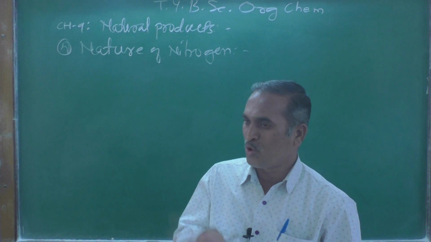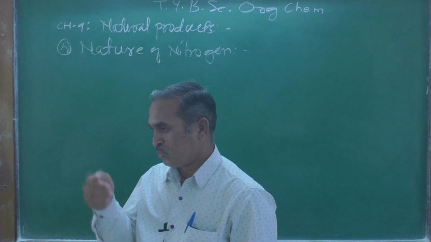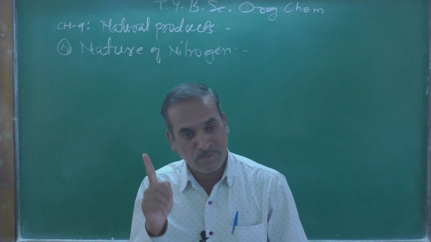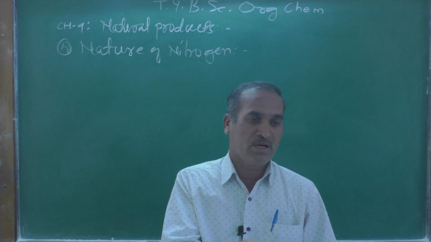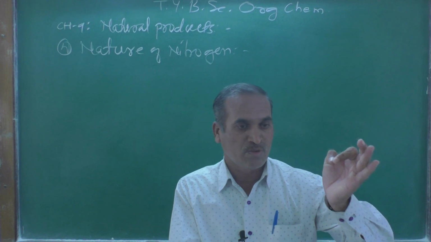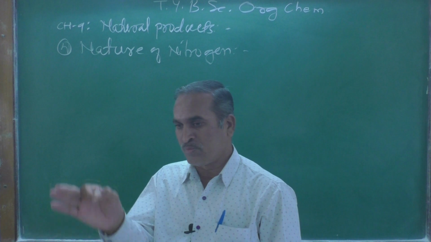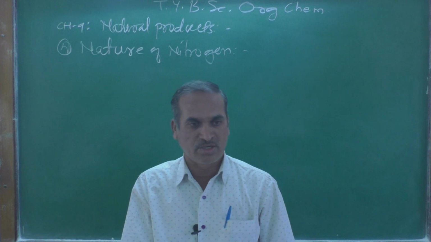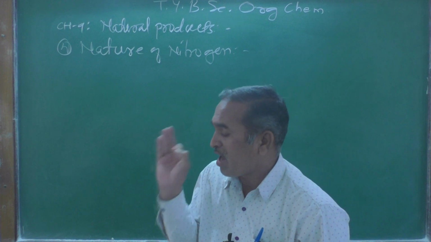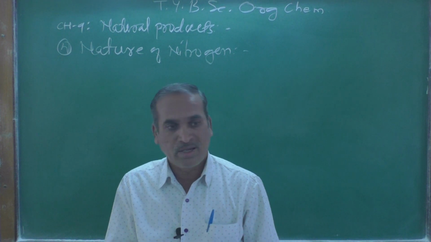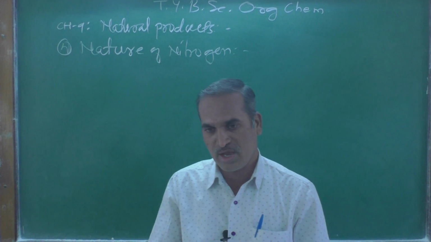What kind of information will we get here? Remember, depending upon how many moles of methyl iodide are consumed in the reaction, from that we can immediately classify whether it is a primary amine, secondary amine, or tertiary amine.